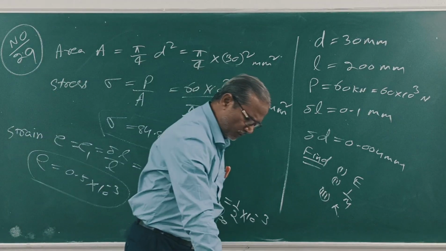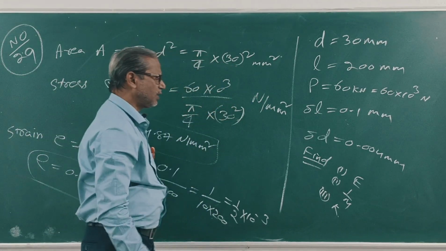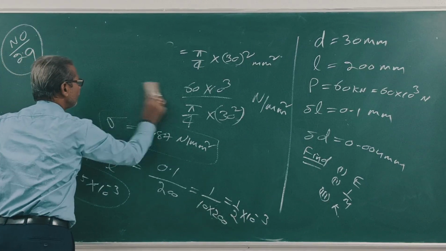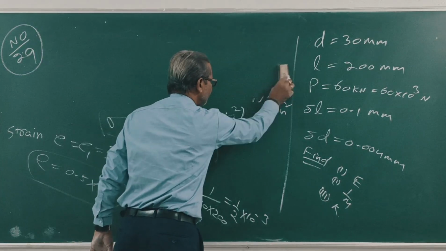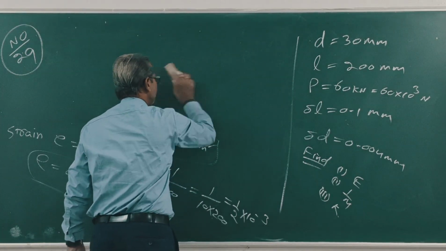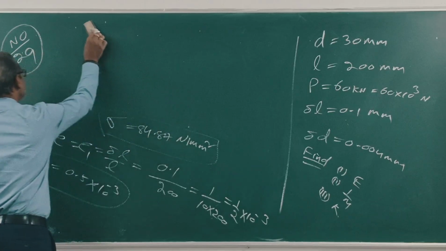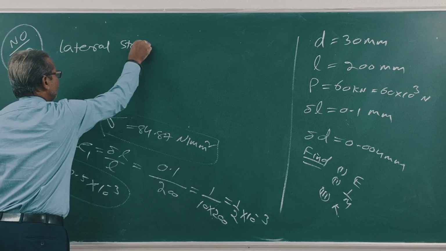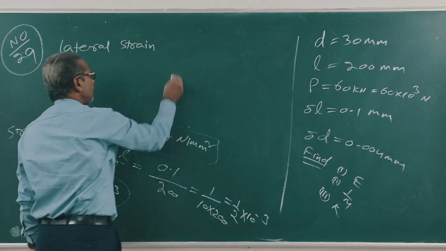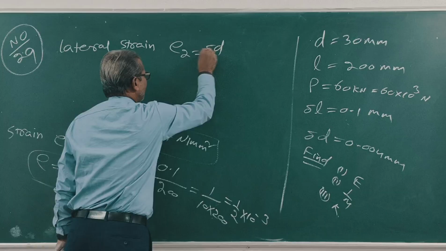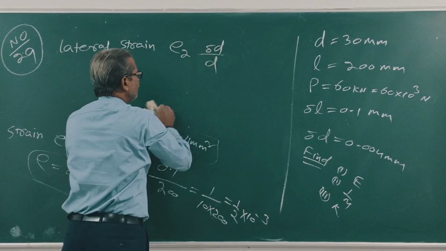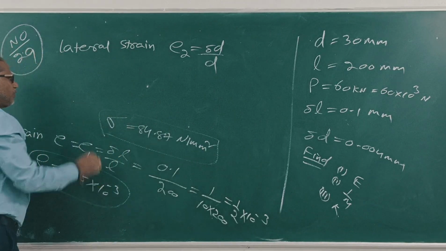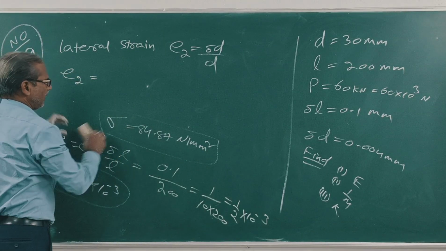Now, also find the lateral strain. Lateral strain e2 is equal to delta d by d.